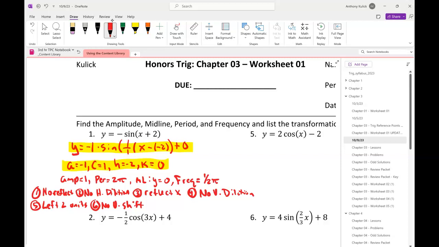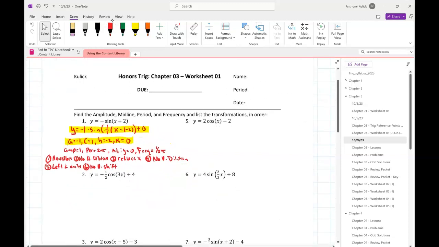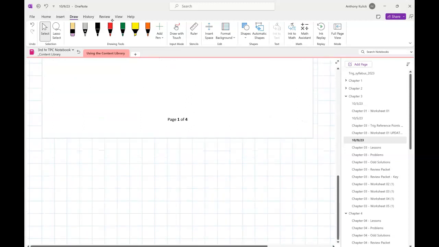Okay. So last time we were talking about how to go from an equation to a graph. Today we're going to be talking about doing the opposite, going from the graph back to an equation.